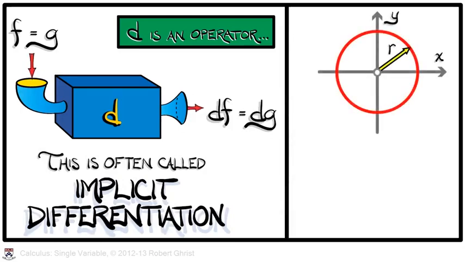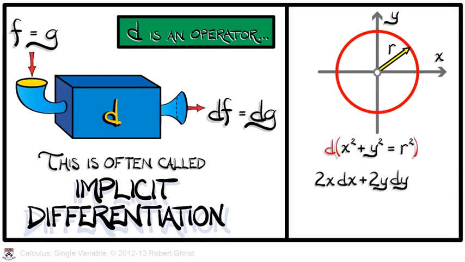For example, if we want to know the slope of the tangent line to a circle of radius r centered at the origin in the xy plane, then what would we do? We would write down the equation of that circle, x squared plus y squared equals r squared, and then we would differentiate the entire equation. Applying the d operator gives us what? d of x squared is 2x dx. d of y squared is 2y dy.